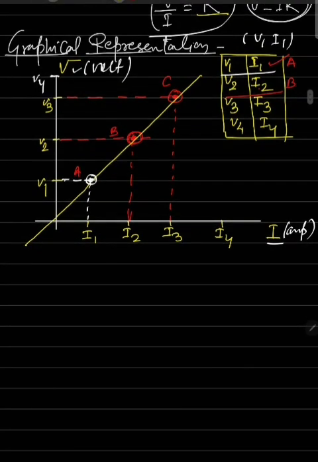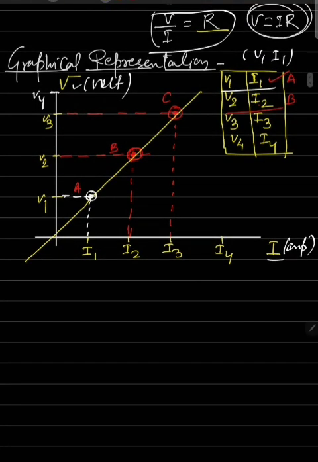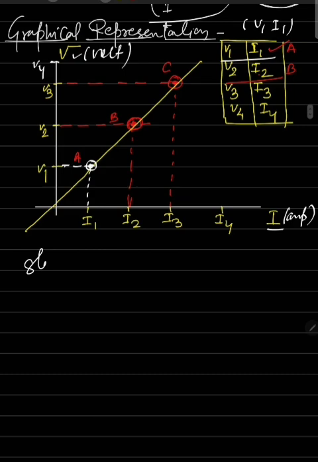Now one more point we have to consider here. Suppose we find the slope of this graph. First I am going to explain what slope is. It is indicated by M, and this slope is equal to tan theta.